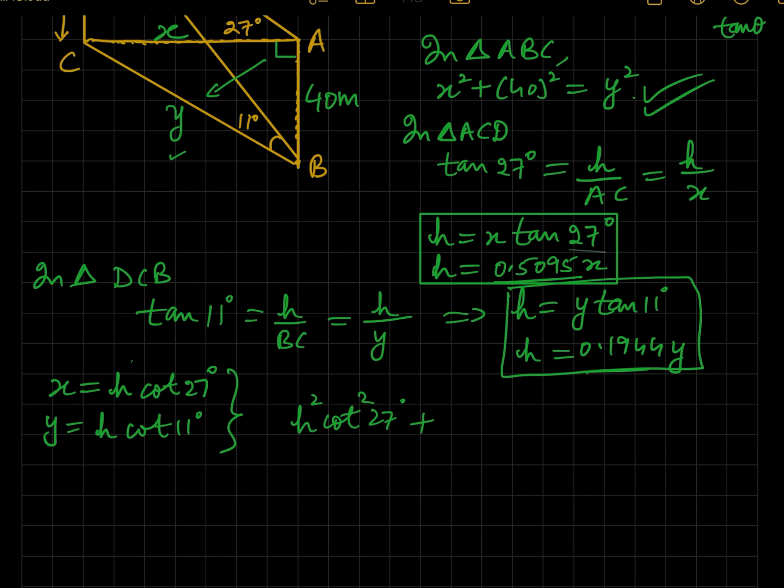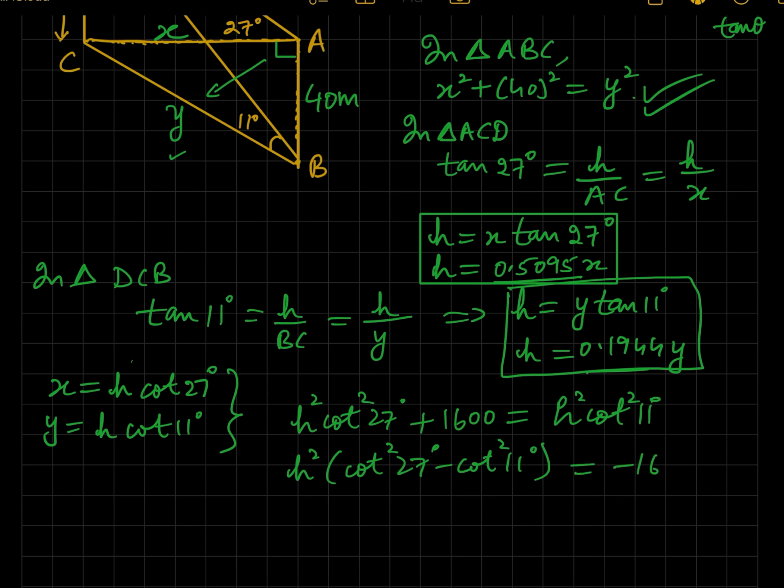So 40 square is 1600, is equal to y square, which is H square cot square 11 degrees. Now we can take H square common: cot square 27 degrees minus cot square 11 degrees is equal to negative 1600.